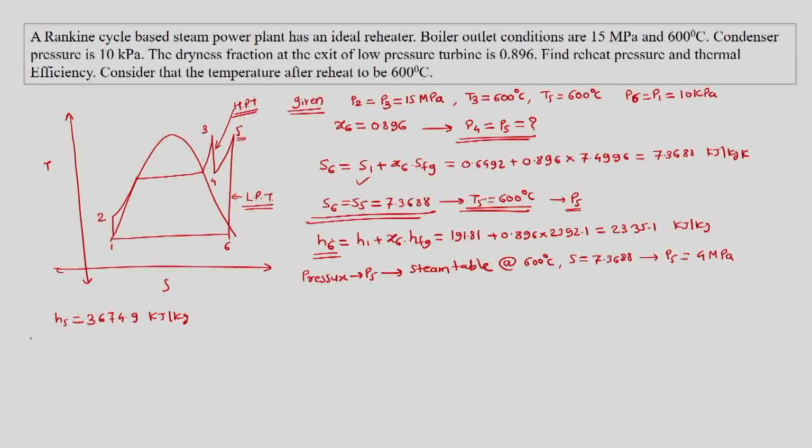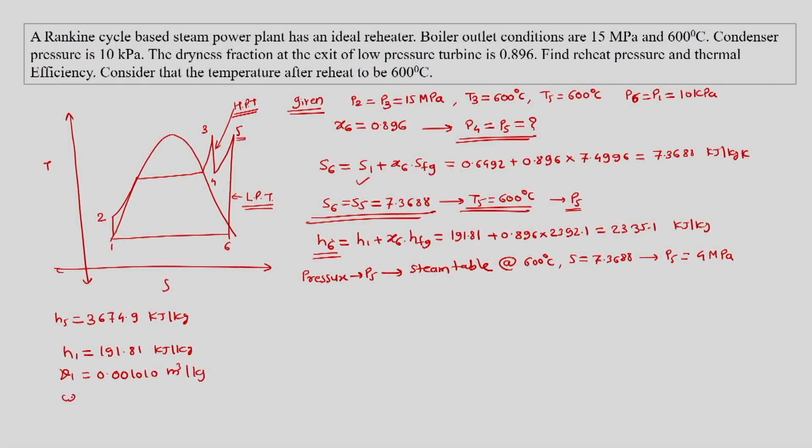So now we will proceed with the other things. For that we can know first H1, and H1 for us is here 191.81 kilojoule per kg, and then we should know V1, and this is 0.001010 meter cube per kg.